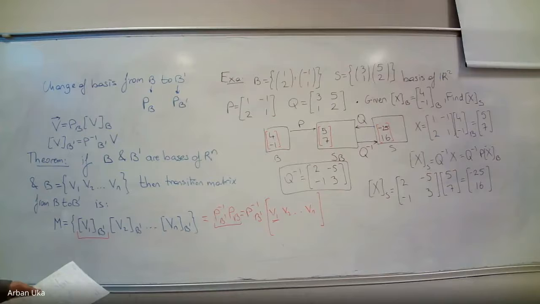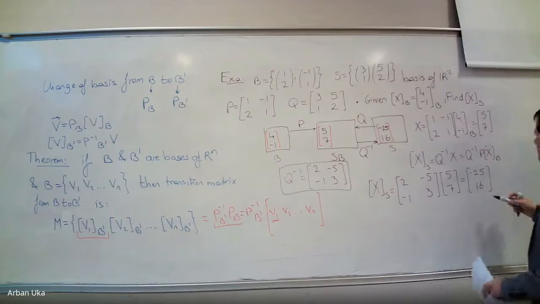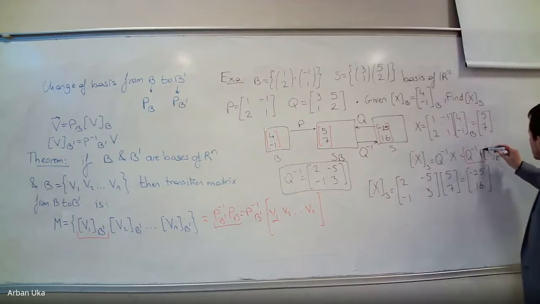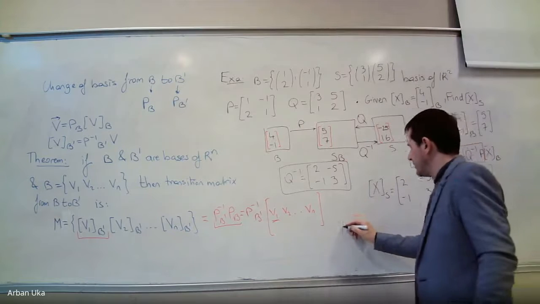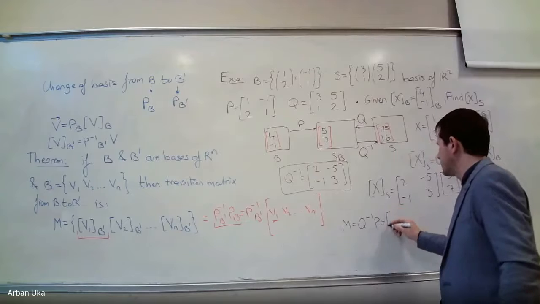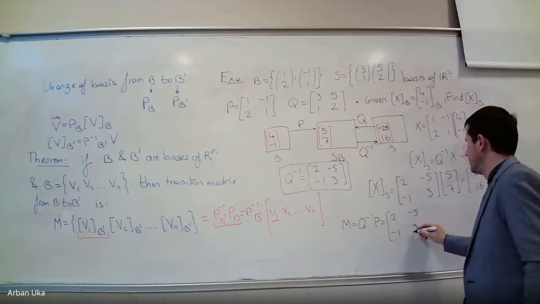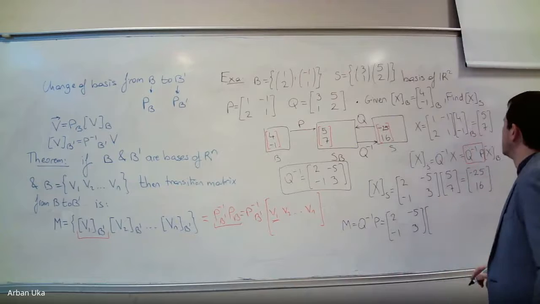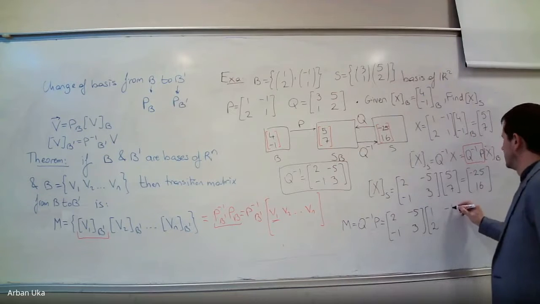Another question could be the following. What is the transformation matrix? What is the matrix that did this? The matrix that did this was Q inverse times P. So the matrix M will be equal to Q inverse times P, where Q inverse is [[2, -1], [-5, 3]] times P, which in this case is [[1, -1], [2, 1]].